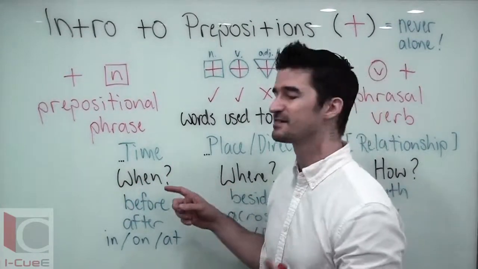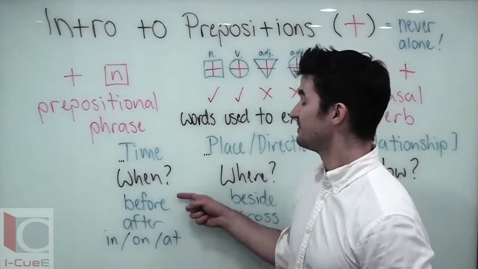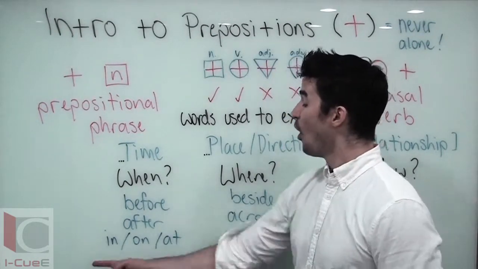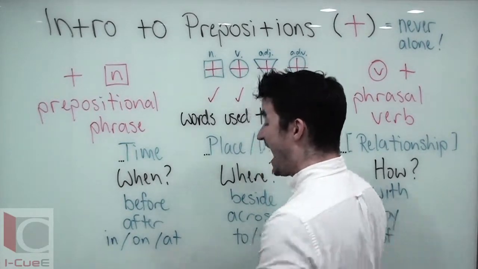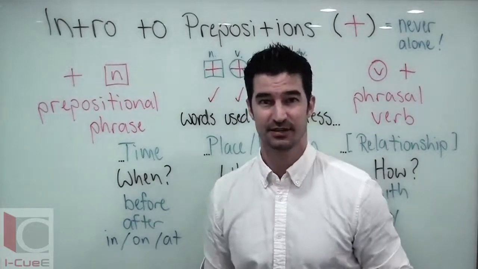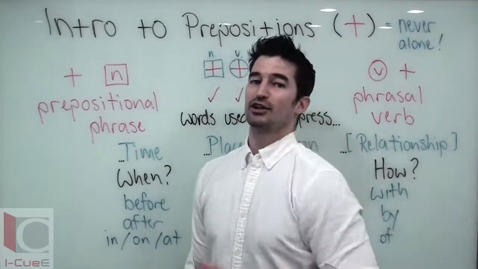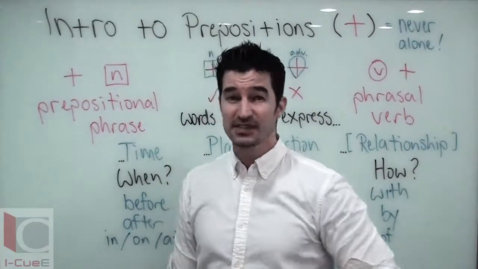So prepositions of time will answer the question when, and they will be words like before, after, or the big three. In, on, at. These are probably three of the most commonly used prepositions in English. And we're going to learn more about them in a future video, but for now, these are some prepositions of time.